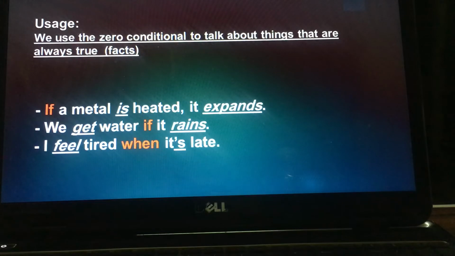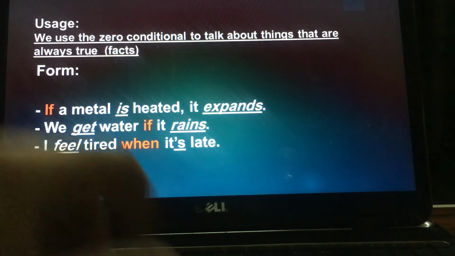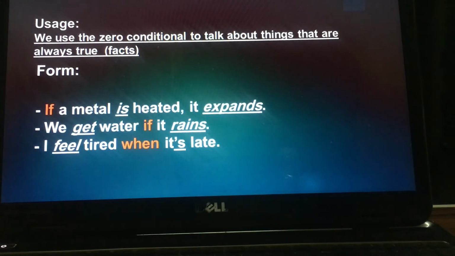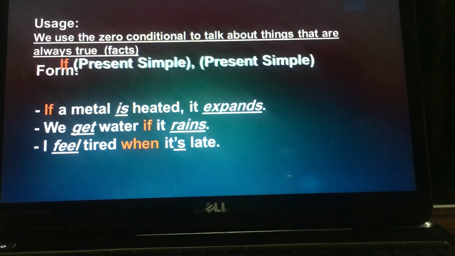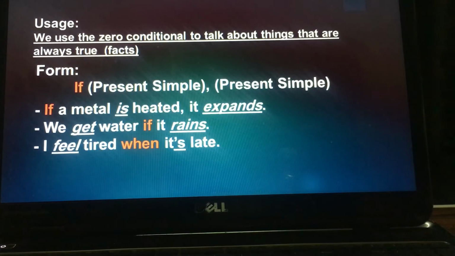We get water, get, present simple, and the second part is it rains, so we used present simple also. And from that we can extract the form, which is the second thing we have to know about the zero conditional, which will be if plus present simple in the first part and present simple in the second part.